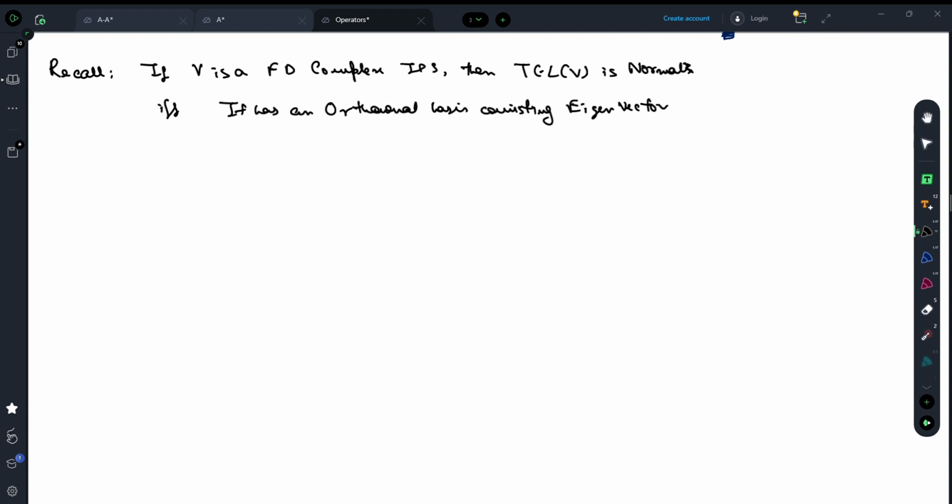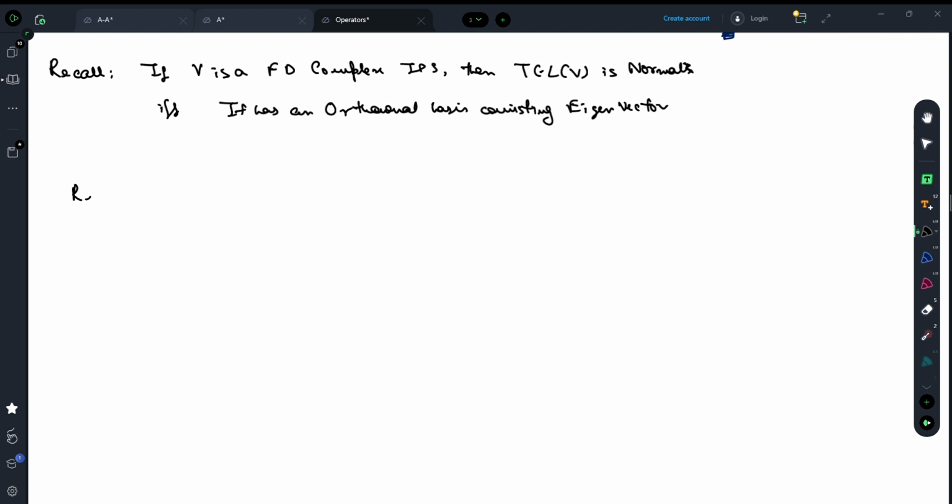Okay, so how can we do that? Now, when we had studied the rotational operator, we had seen that the matrix related to it in terms of the standard basis was normal, but it had no eigenvector.